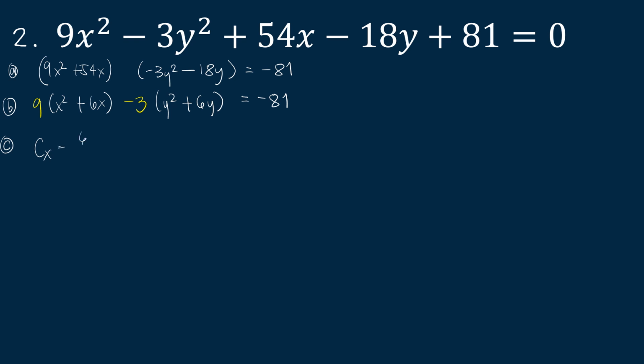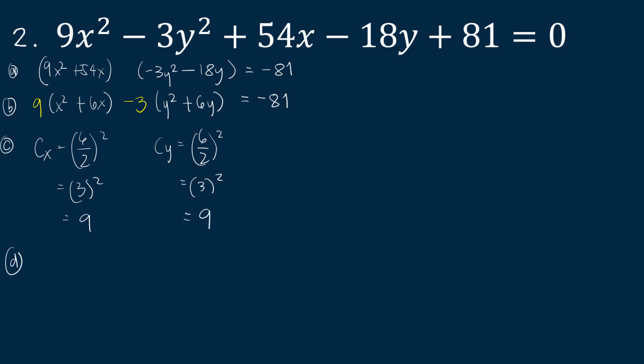So that is 6 divided by 2 squared, and c sub y is equal to 6 divided by 2 squared also. That is 3 squared, 9 and 9.